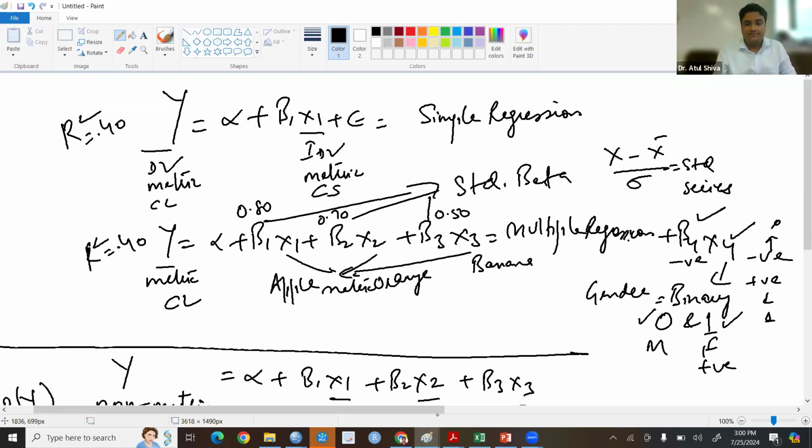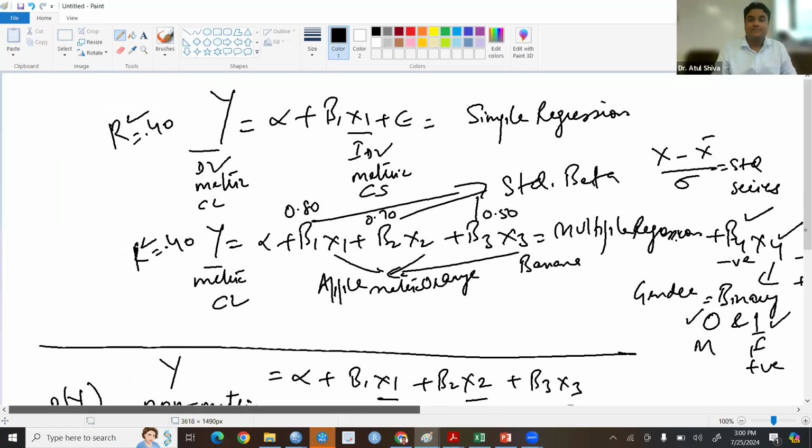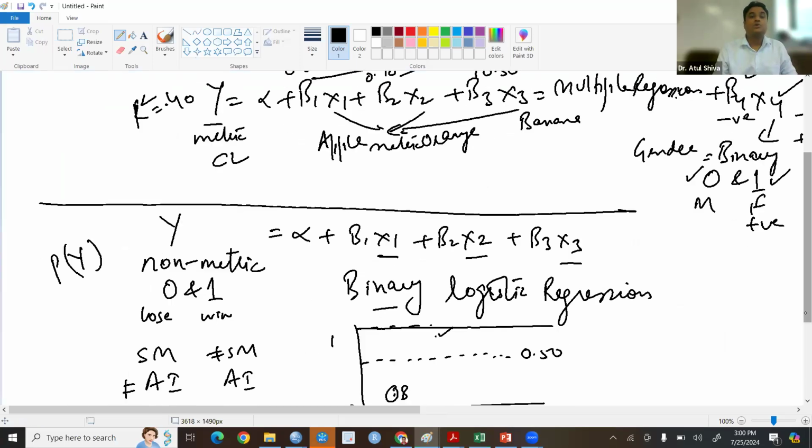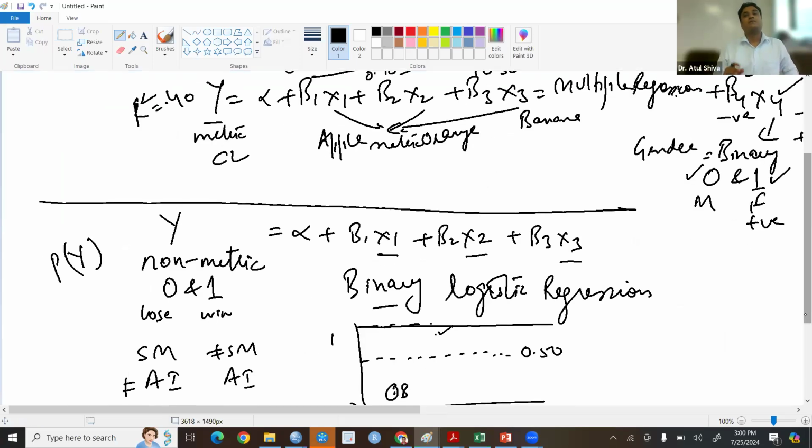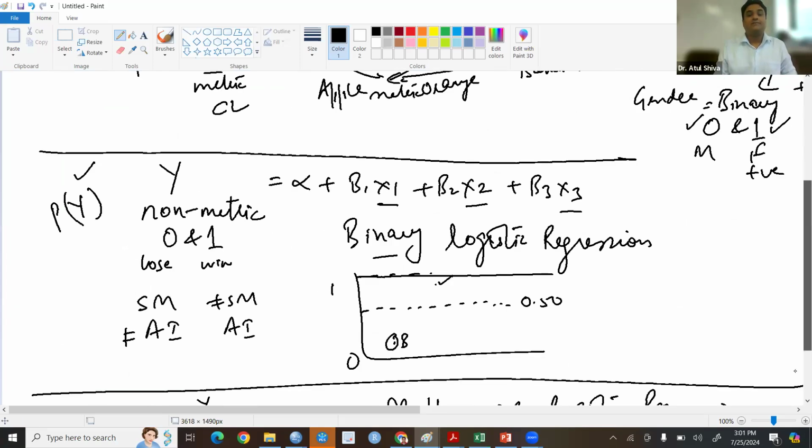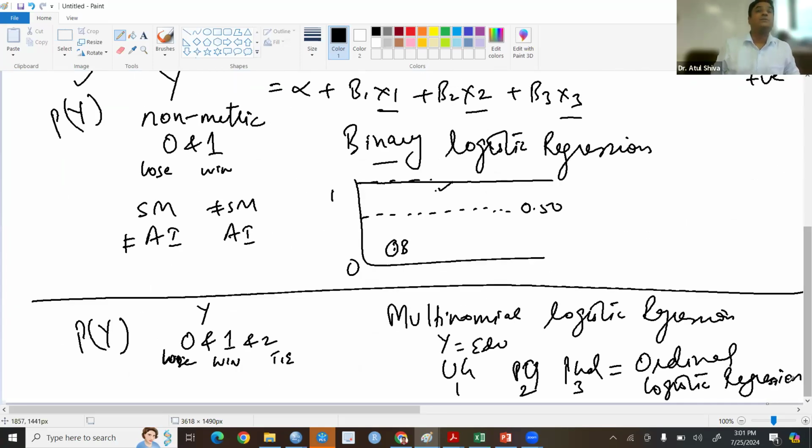But if your DV is non-metric and it covers two categories, then binary logistic regression is the only route, and you get the probability between 0 and 1. If Y has more than two categories and it cannot be ranked, then multinomial logistic regression.